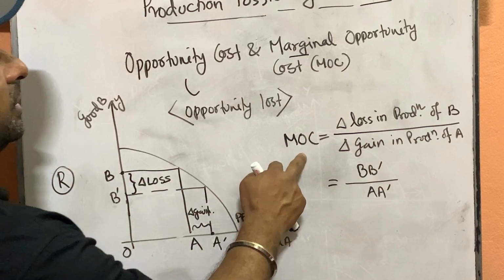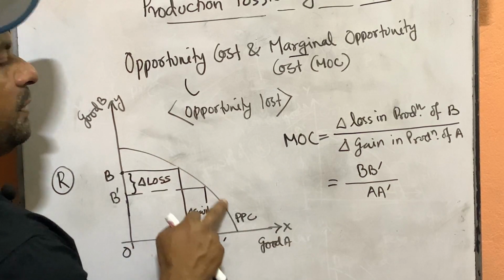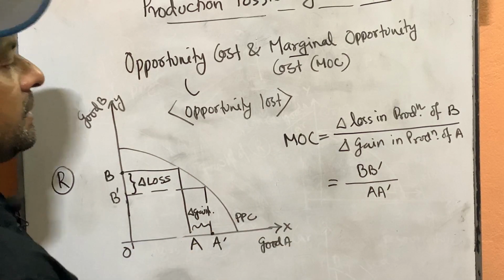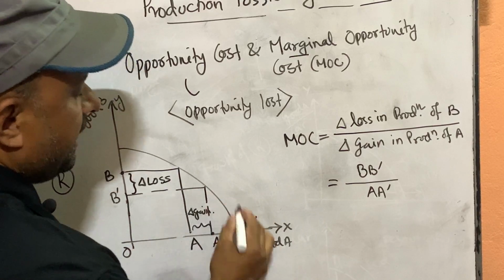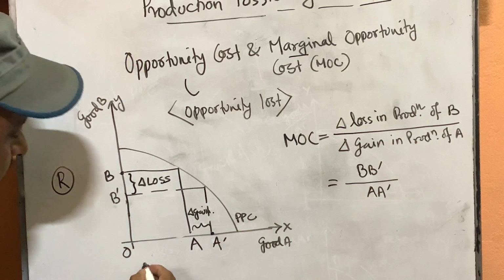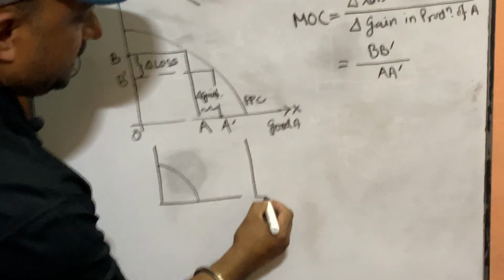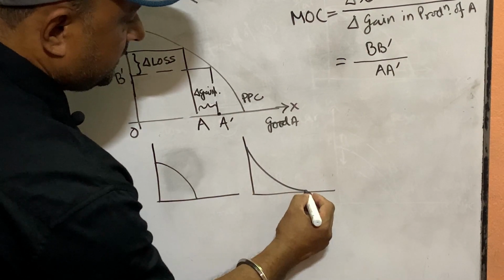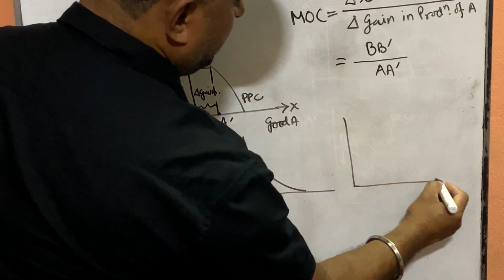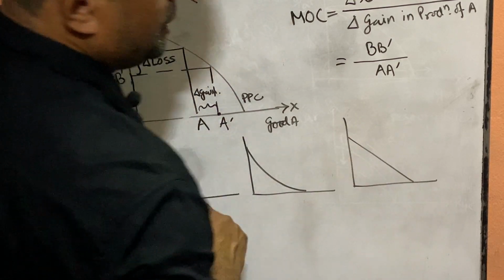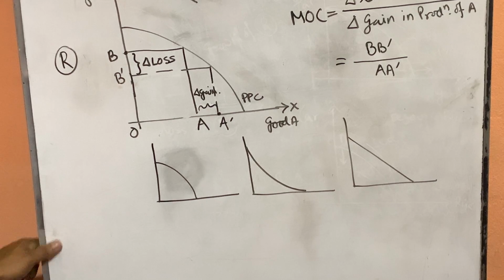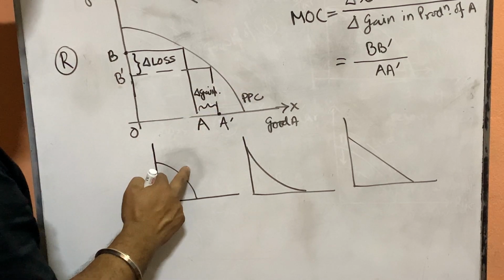Okay, now based on that MOC, the shape of PPC occurs. PPC has three shapes, as I told earlier. PPC may be concave, PPC may be convex, PPC may be a straight line also, but in all cases it will be downward. Now why is PPC concave?